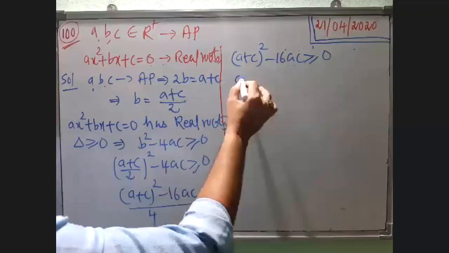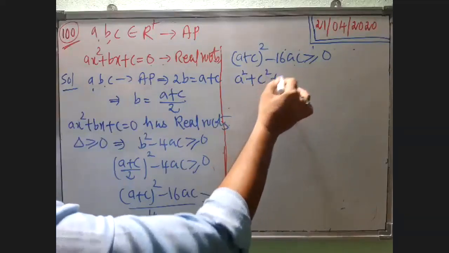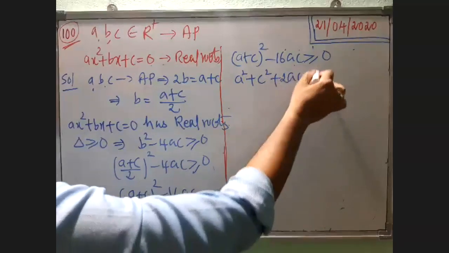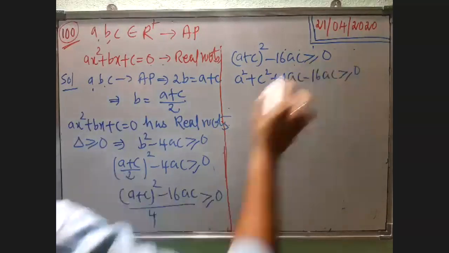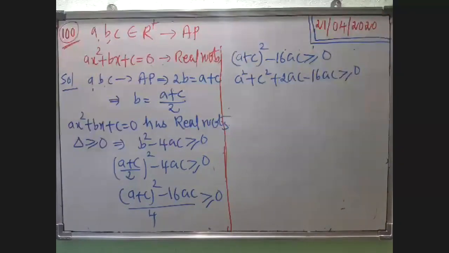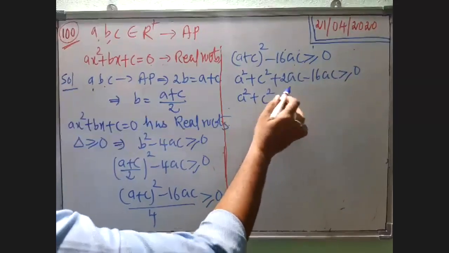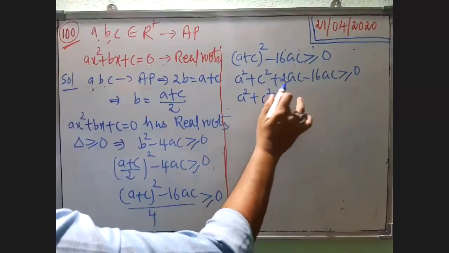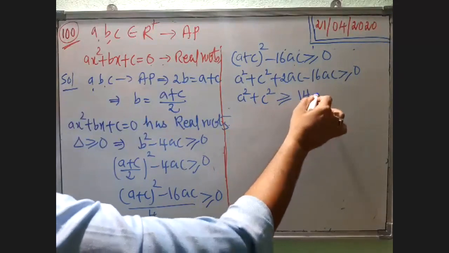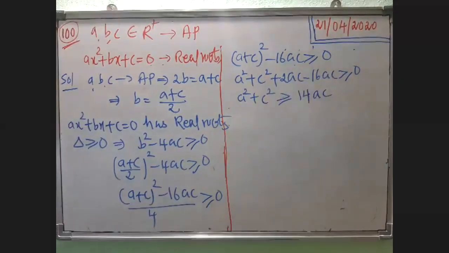Okay. This is a square plus c square plus 2ac minus 16ac greater than or equal to 0. Now, this is a square plus c square is greater than or equal to, it becomes minus 14, becomes plus 14ac. You get plus 14.